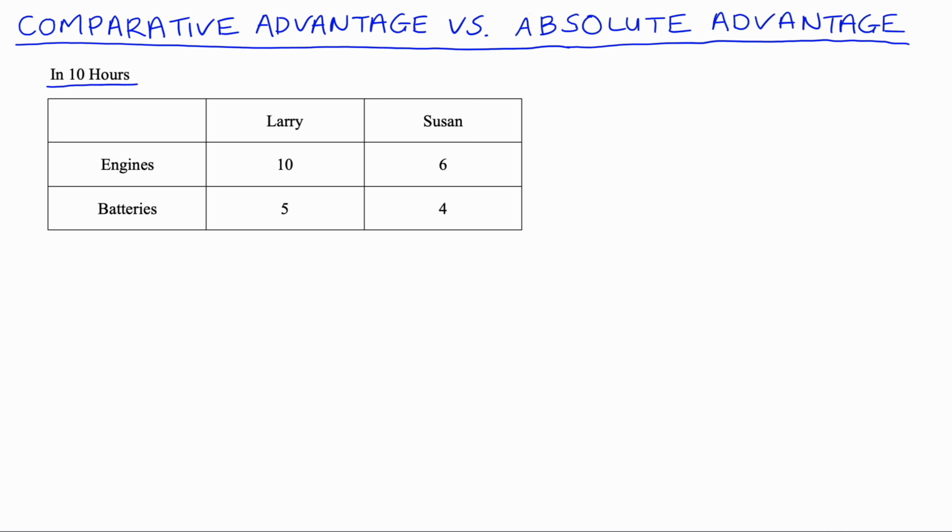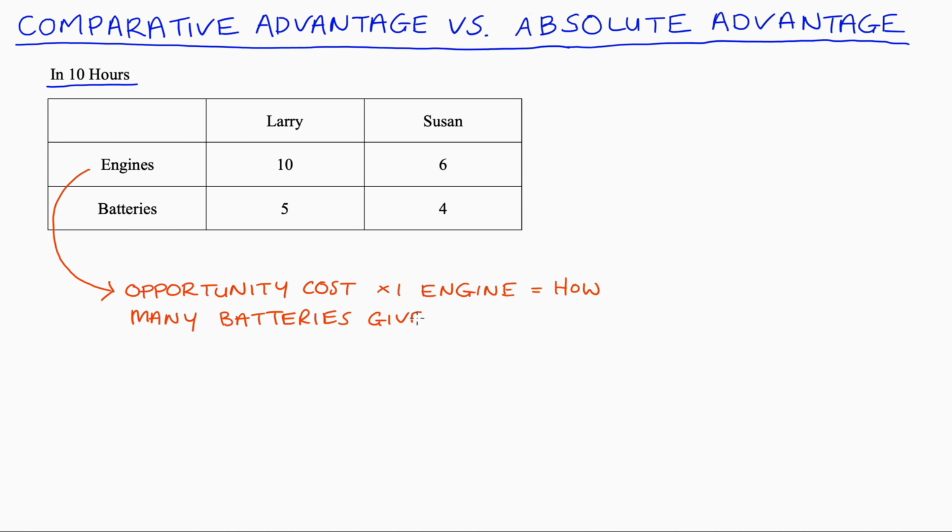In these sorts of examples, our economic agents, Larry and Susan, can only do 2 things: they can either make engines or batteries, or perhaps a bit of both. For our agents, the opportunity cost of making, for instance, 1 engine will be how many batteries they will have to give up as a result of dedicating some of their resources towards making that engine and not towards batteries.